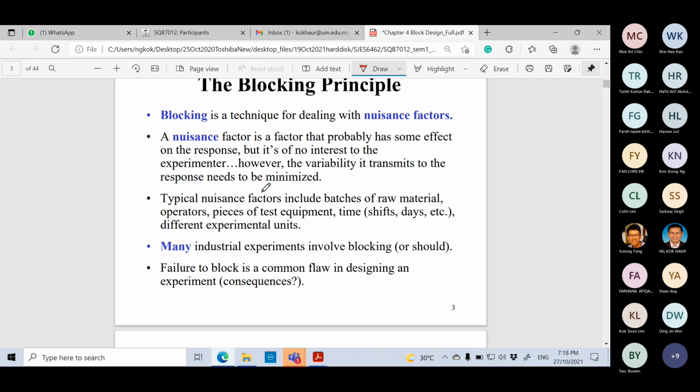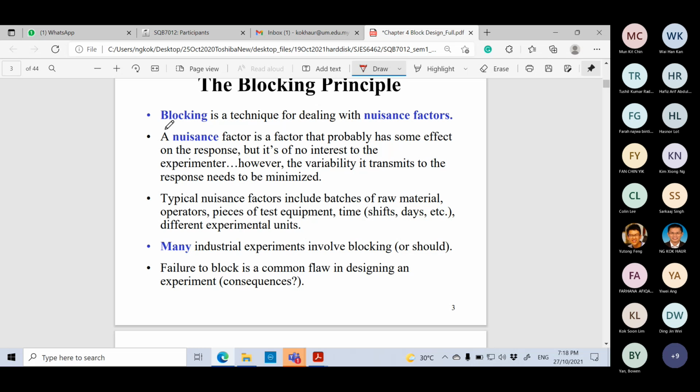So typically, nuisance factors include the batch of the raw material, operator, piece of the test equipment, the time, and different experimental units. These are some examples of nuisance factors. When you want to test your products, some of the products may come from supplier A, supplier B, supplier C. So you have different batches of the raw material, and they can affect your result.